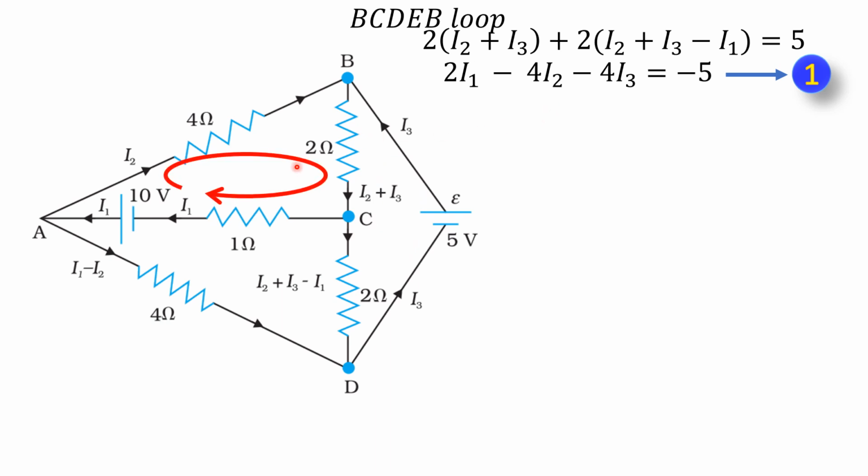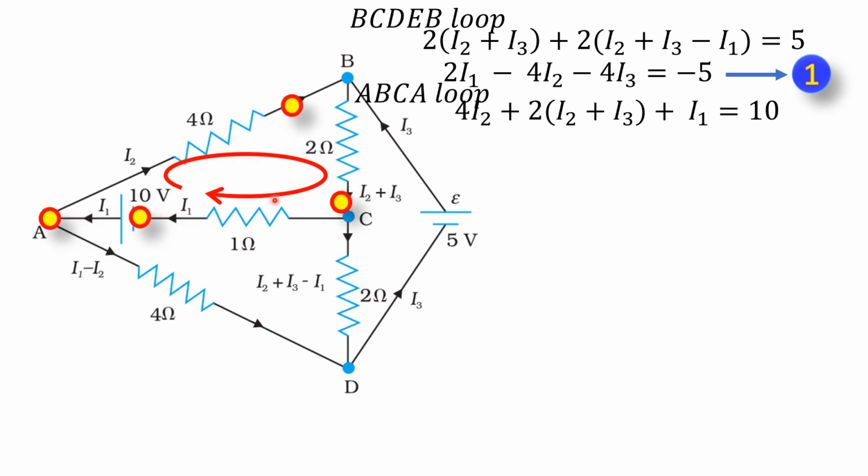Next, we consider this ABCA loop. Here, the current direction and the loop directions are same in all the resistors, that is in 3 resistors. So all the voltage values should be positive, that is equal to 10.